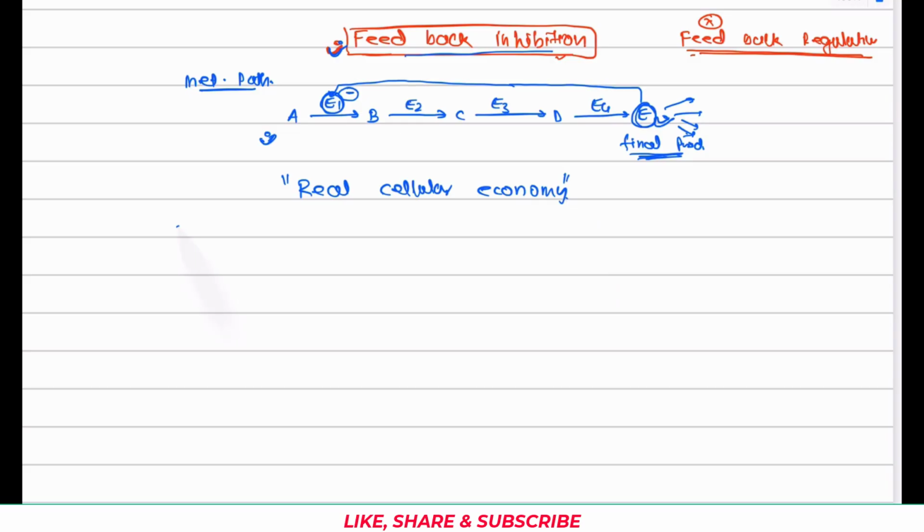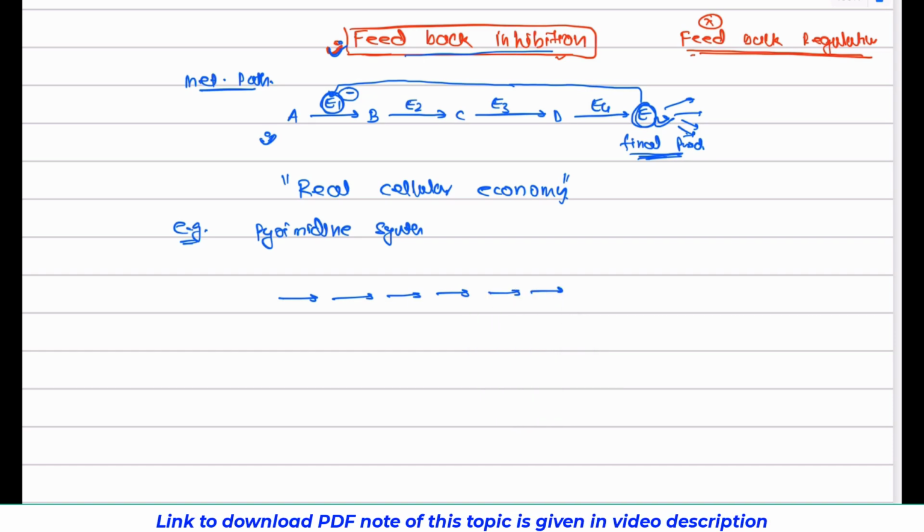Let's look at one real life example of feedback inhibition. In the pathway of pyrimidine synthesis, it is a multi-step process. At the end of the multi-step process, the final product, cytidine triphosphate, is synthesized. And as part of an earlier enzyme, there is aspartate transcarbamylase.